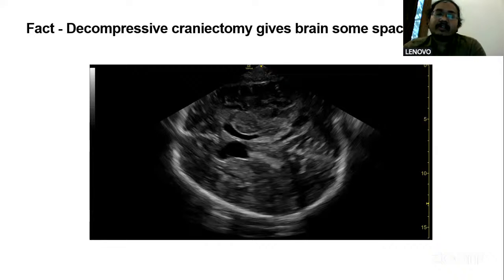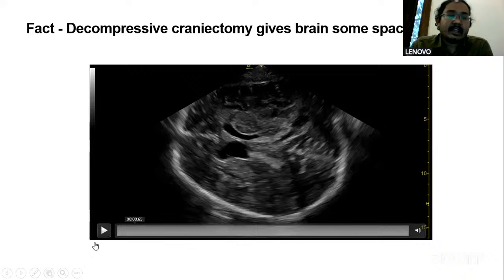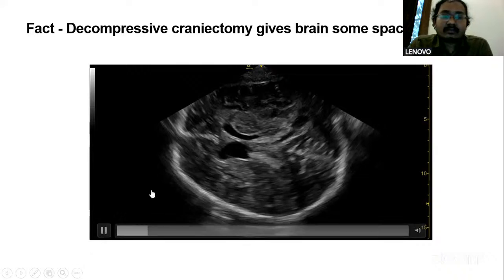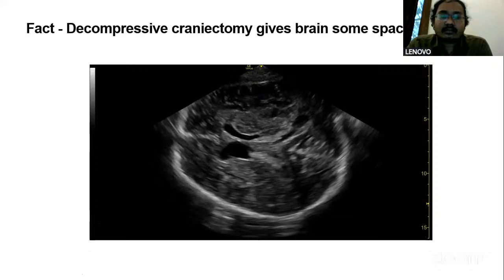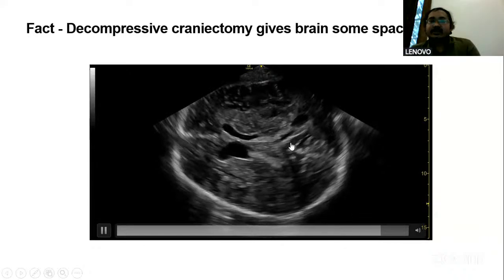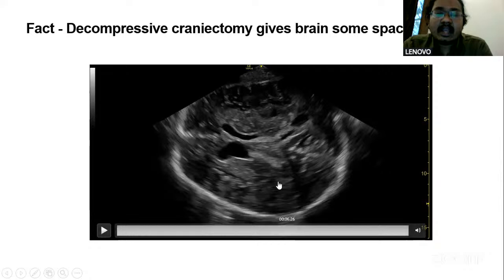So here, we have used a phased array probe and we have put it at the decompressive craniectomy site so that we are able to see the opposite side as well. And you can see, it's like the brain is breathing. So we can look at the opposite side of the brain as well, and if we tilt, we can see the posterior fossa also.